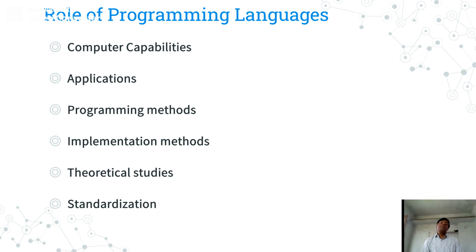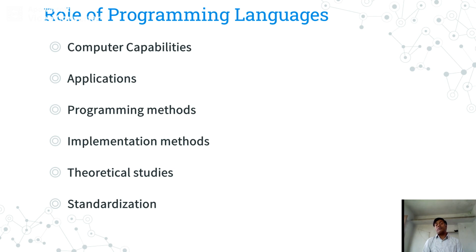Programming languages are also different based on application. And in programming methods also the role of programming languages comes in the picture, because depending on the programming language, you will have different types of programming methods, and also implementation methods.